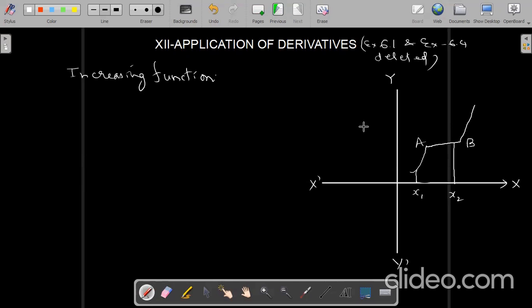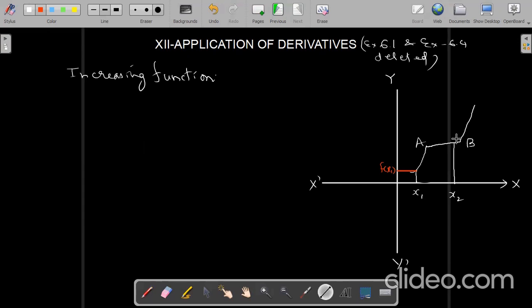So what is the value of the function? Actually, we are representing the value of the function at this point on the y-axis, and this is what? This is f(x1), the value of the function at x1. This is represented on the y-axis.